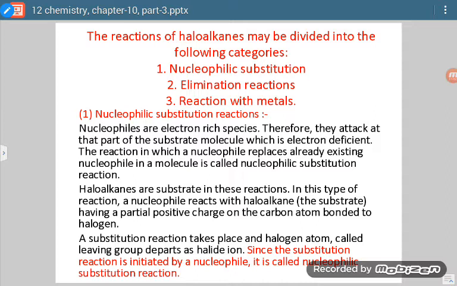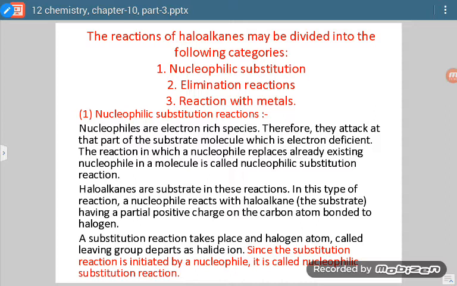Now the reactant should be such that there is also a particular nucleophilic group present. So that particular nucleophile which we are adding to such a reactant is going to replace the previous nucleophile, and that previous nucleophile will come out.